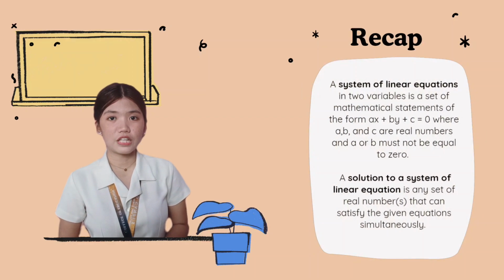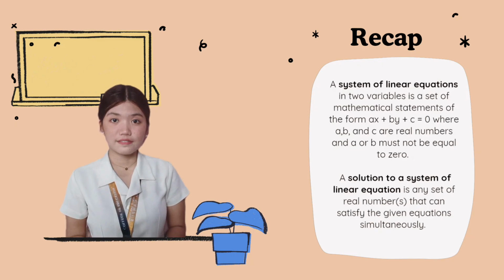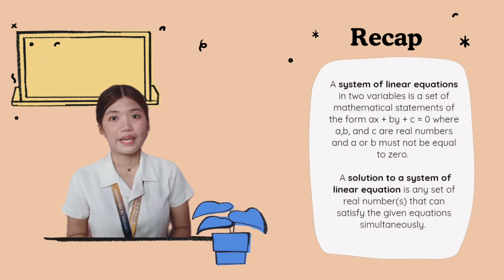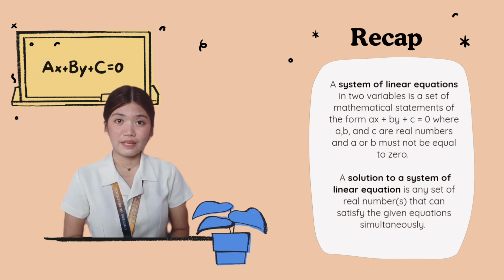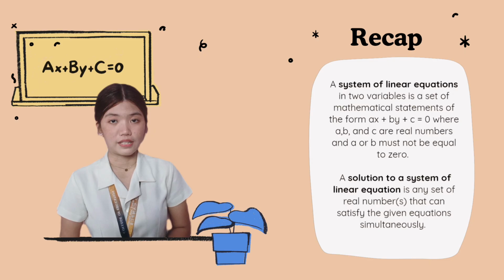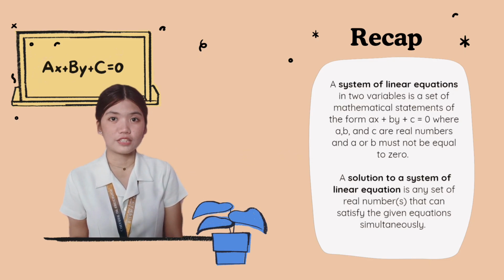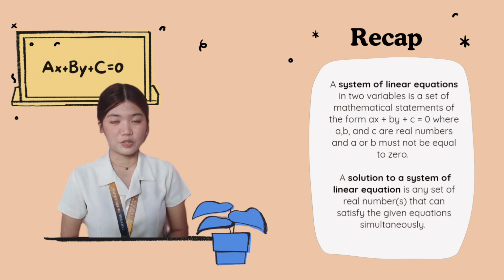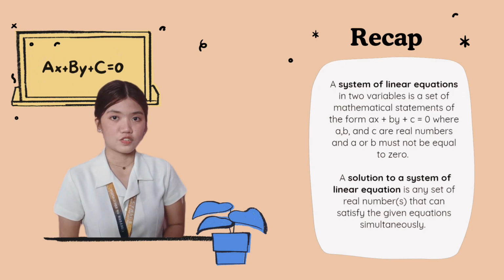A system of linear equations in two variables is a set of mathematical statements in the form ax plus by plus c is equal to 0, where a, b, and c are real numbers and a or b must not be equal to 0. And a solution to that system of linear equations is any set of real numbers that can satisfy the given equations simultaneously.